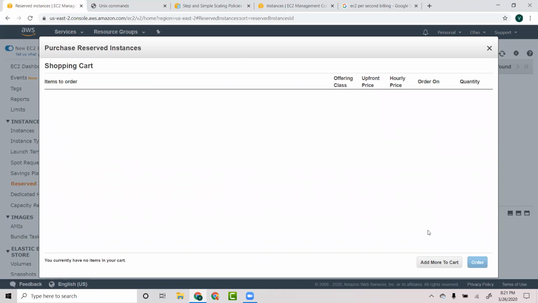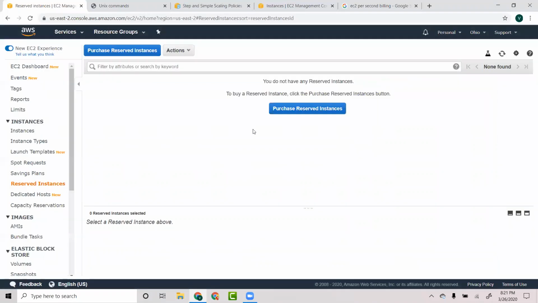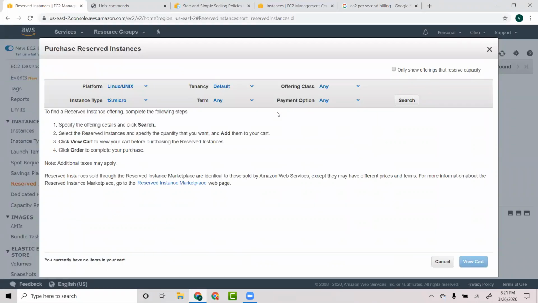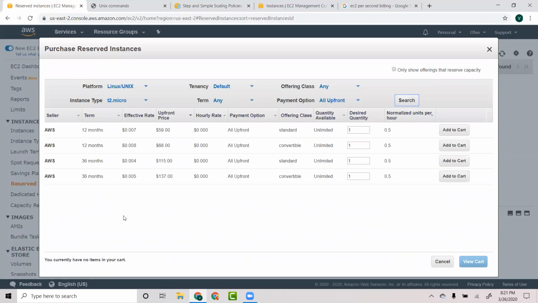I want to pay everything upfront. Payment type: no upfront, partial upfront, all upfront. There you go. If I want to pay complete upfront for 36 months, I'll get the cheapest price.